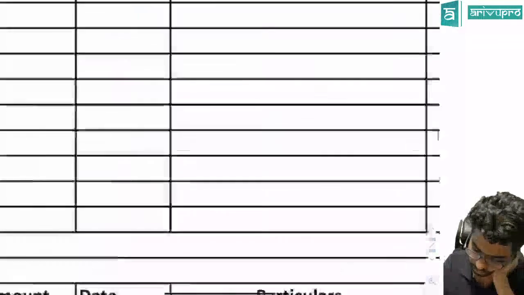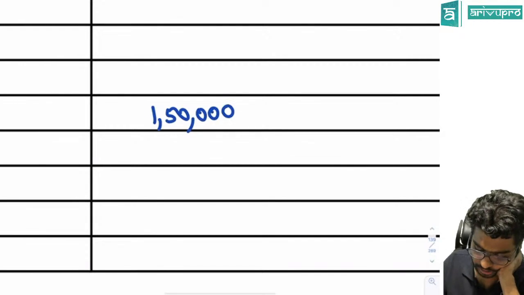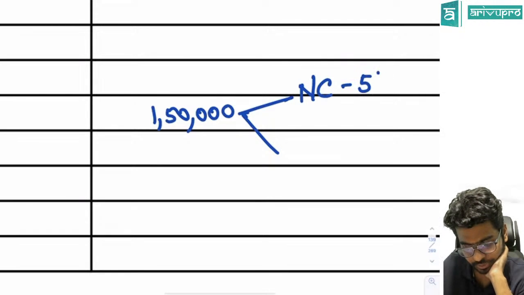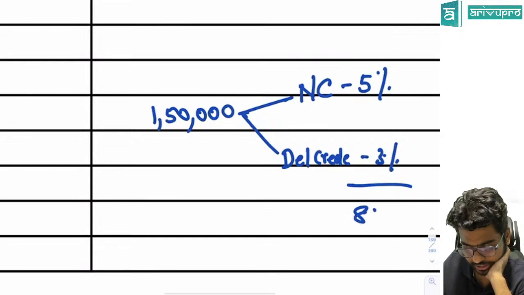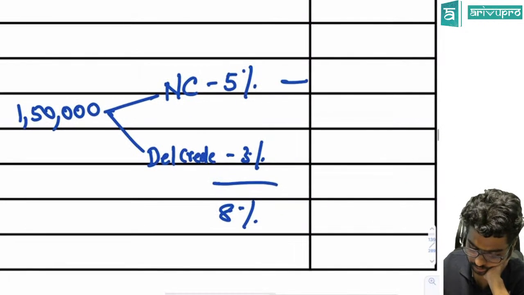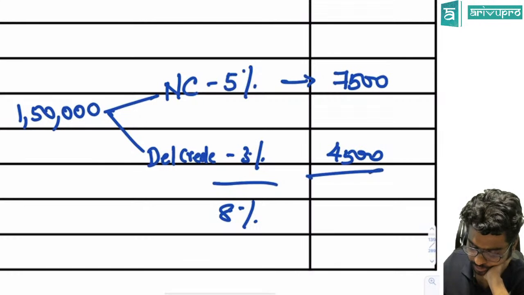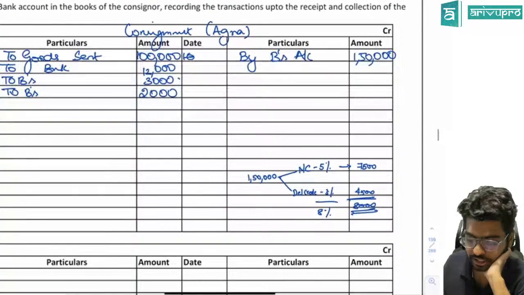Now, on this total sale of 1,50,000, he will be getting two commission. One is the normal commission of 5%, another one Del Cadre commission of 3%. So total he'll be getting 8%. 5% will be 7,500, 3% will be 4,500. So B will be getting a commission of 8,000. What's the journal entry for this?